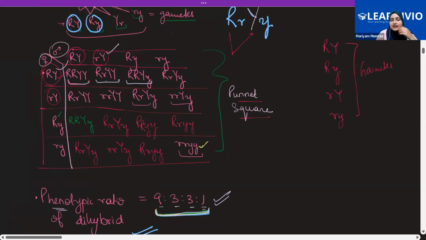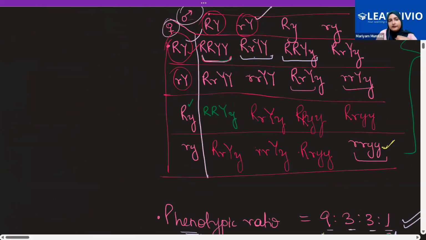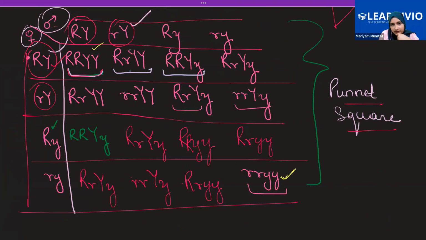So now if you look at these genotypes, can you tell me the phenotype of each one of them? The first one is round yellow, isn't it? Then next? Round yellow. Next? Round yellow. Next? Round yellow. Next? Round yellow. Next? Wrinkled yellow.